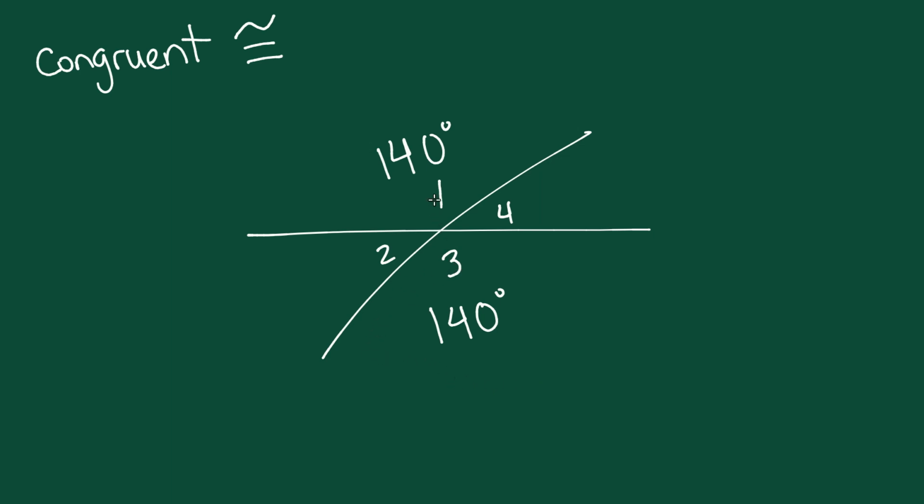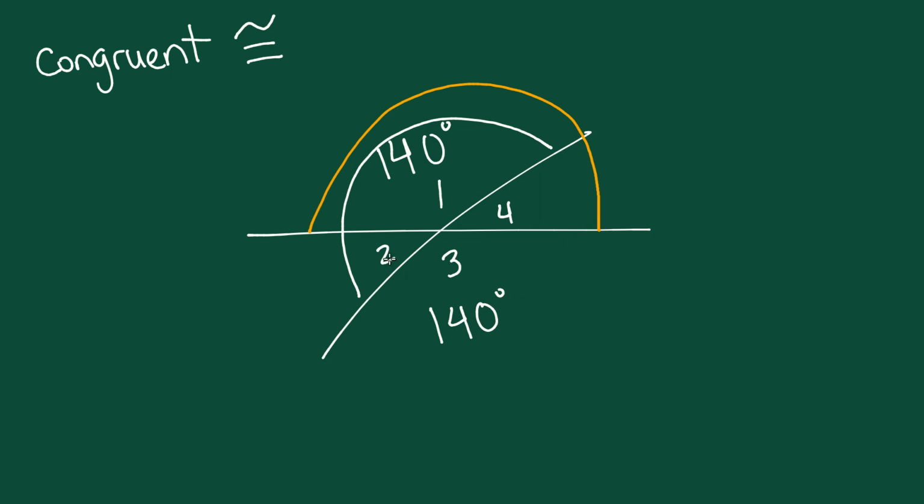Now, angle 1 is adjacent to angle 4, and angle 1 is adjacent to angle 2. They are supplementary. If we add angle 1 and angle 2 together, they would be 180 degrees. And if we added angle 1 and angle 4 together, they would also be 180 degrees, like this.